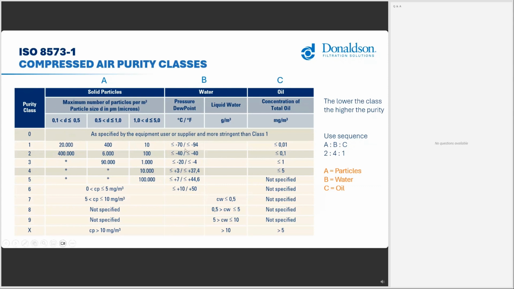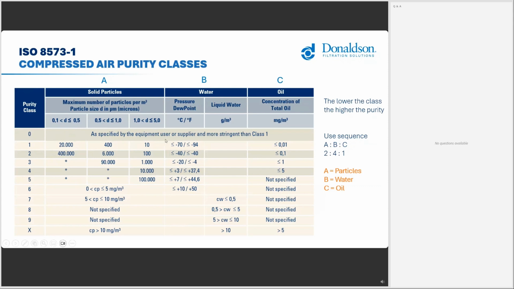For water, it's defined mainly by dew point, because if we are talking about purity, then we are focusing here on the classes 5 to 1, where in the industry very frequently you will find the definition of purity class 2, which is related to minus 40 degrees Celsius pressure dew point or minus 40 degrees Fahrenheit.